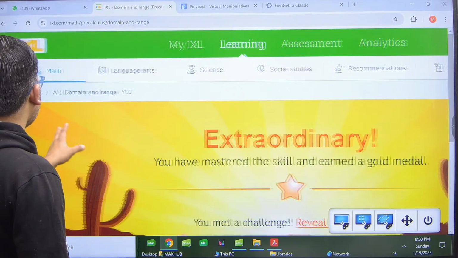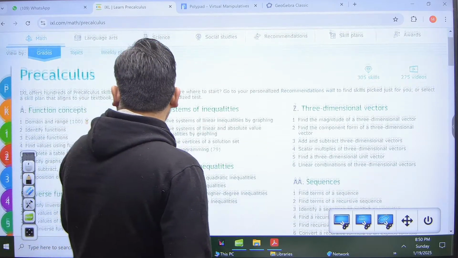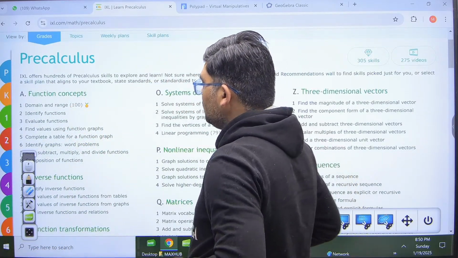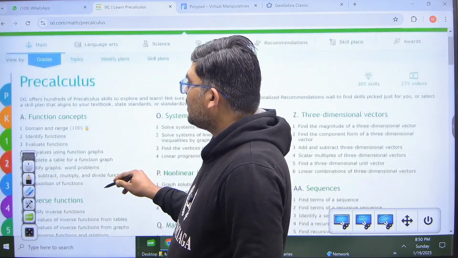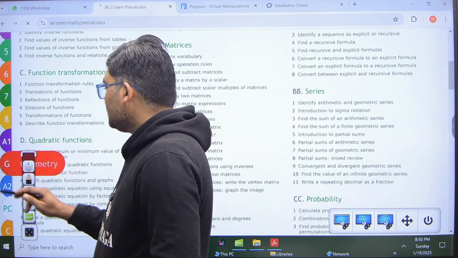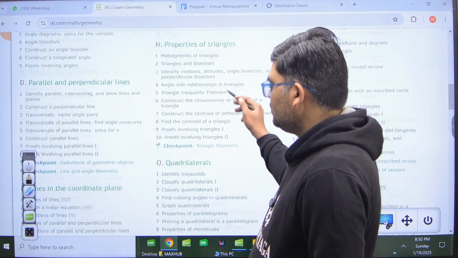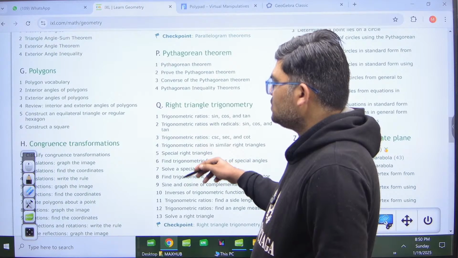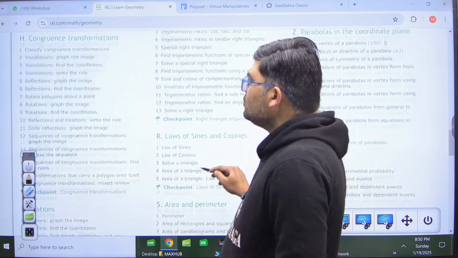Transformation is a beautiful topic. The sheet that we did is in pre-calculus. You can go through more of the pre-calculus topics if you want. But right now I am going to do the transformation, and that you will get in geometry. Triangles, congruence. So this is congruence transformation.